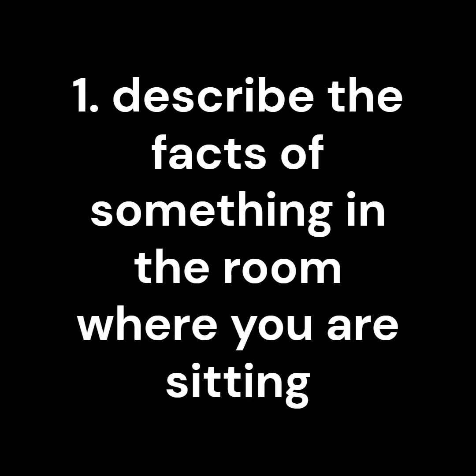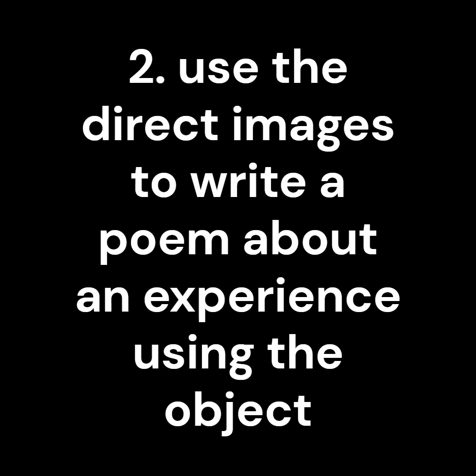So it can be anything from a teapot to an alarm clock. Just the facts of it. And then the second step is once you have that list of facts, say 20 facts about the object, use those direct images to write a poem about an experience of using the object.